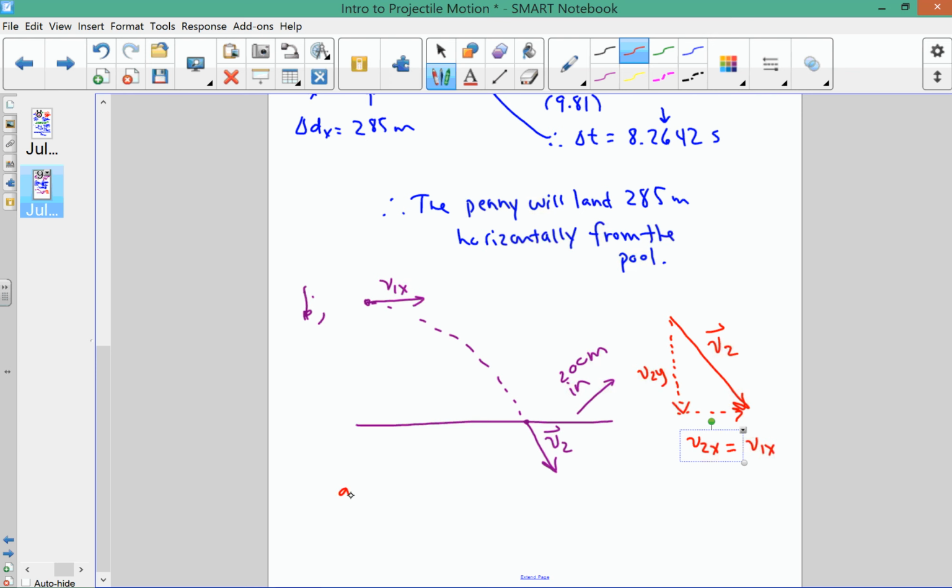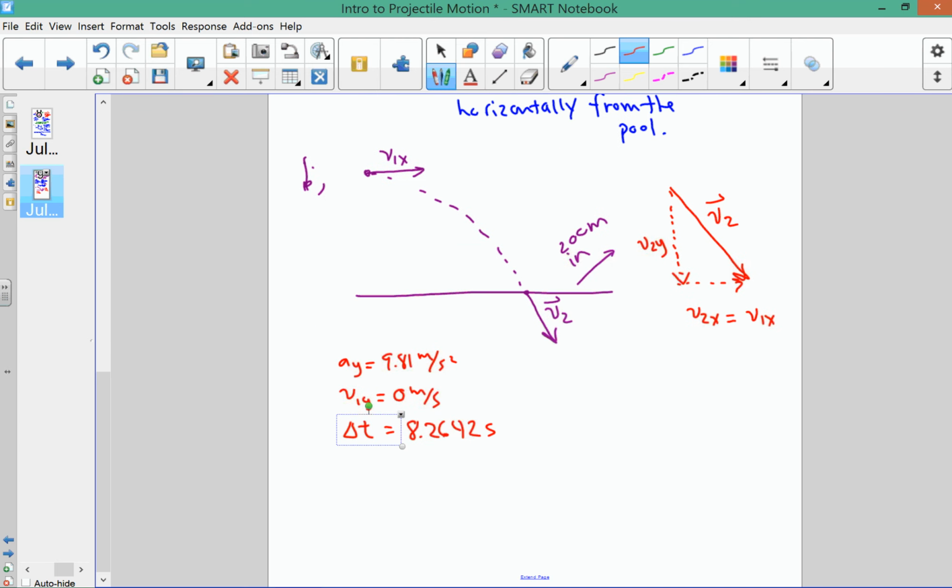So we're given an acceleration of 9.81 meters per second squared, we're given an initial velocity of 0 meters per second, and we also know the total time it's in the air, we're talking about a penny still, is 8.2642 seconds. We have enough information to solve for v2 in the y direction. v2y is equal to v1y plus acceleration times time.